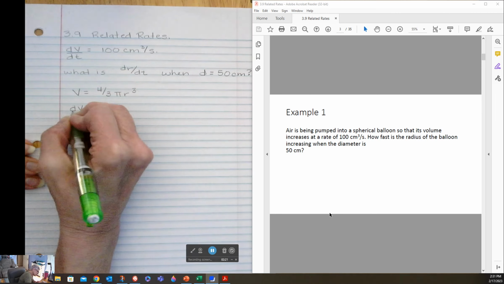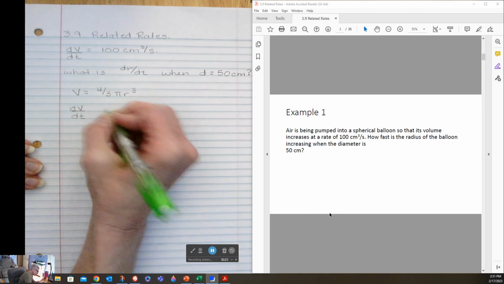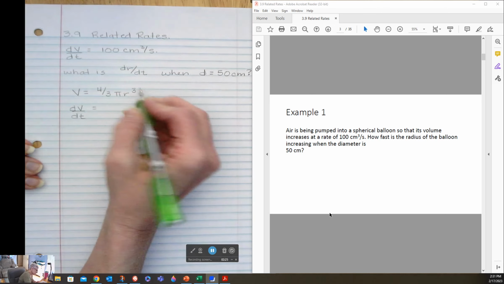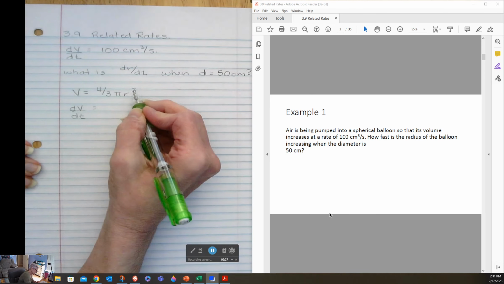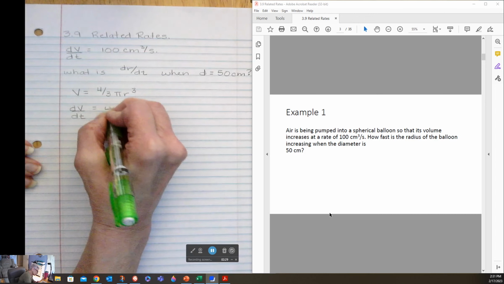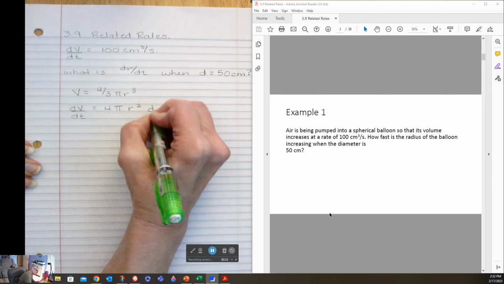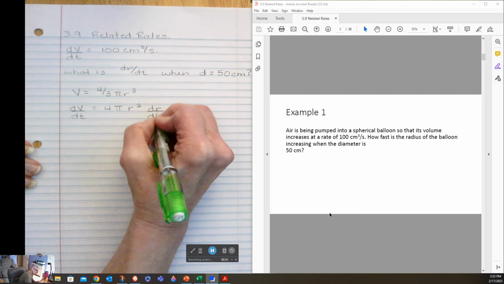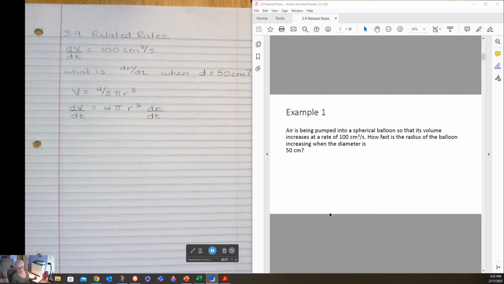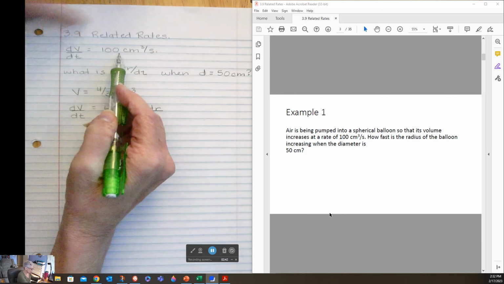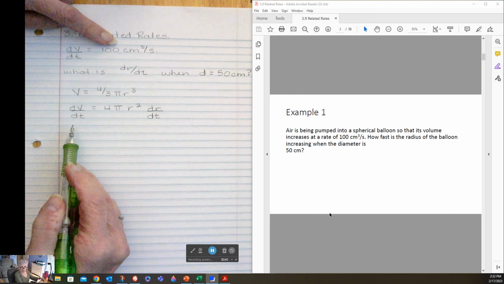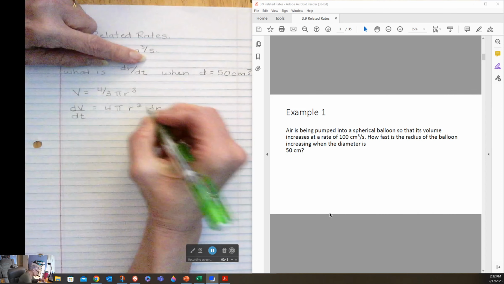The derivative of V with respect to t has to be equal to, the 3 falls down, 3 times 4/3 gives me 4 pi r squared times dr/dt. Well, I know what dV/dt is. I'd like to know what dr/dt is. This is my goal.